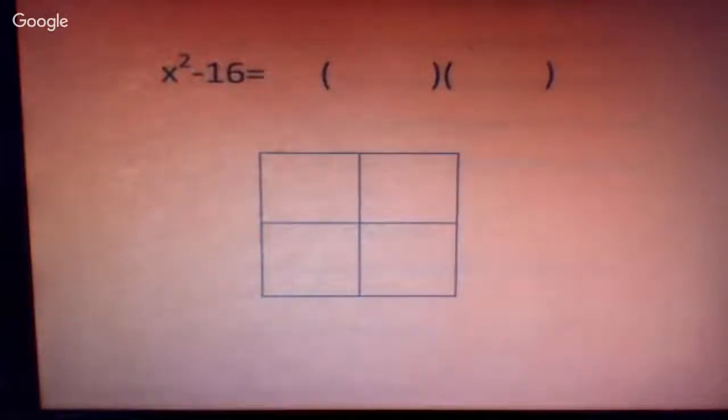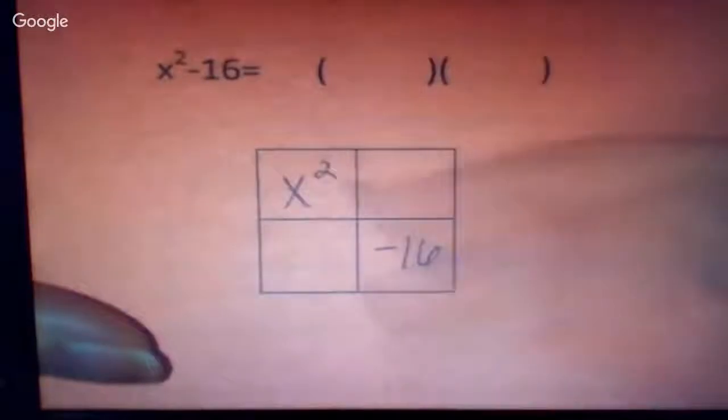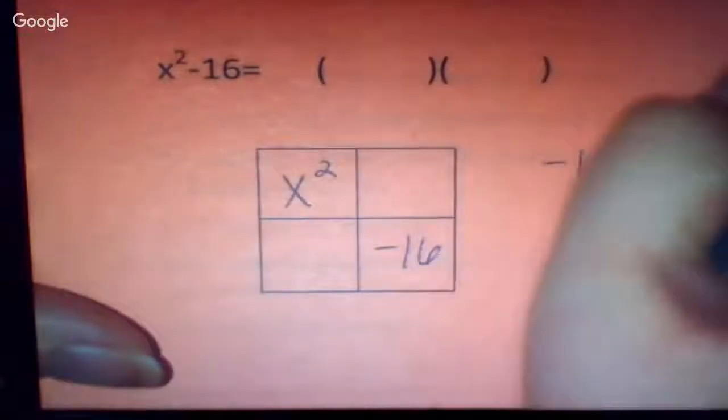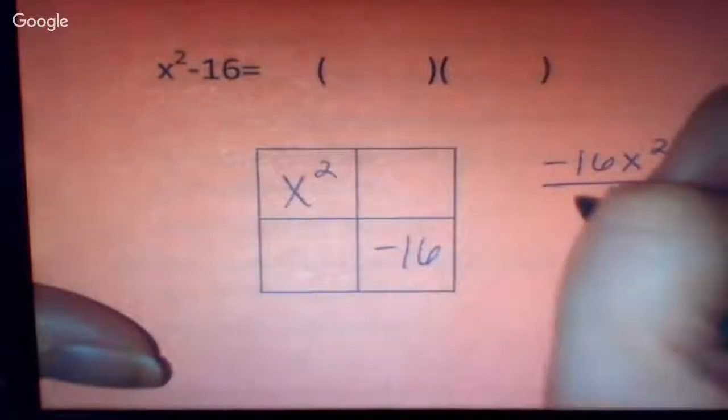Last one. Do I have a greatest common factor? No. Okay, so look at what happens. x squared goes here and negative 16 goes here. Do I have a middle term with an x? No. So I'm trying to find factors that are going to go together to give me 0. When I multiply these together, I get negative 16, which means one number needs to be positive and one needs to be negative.